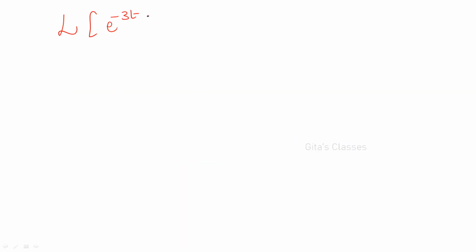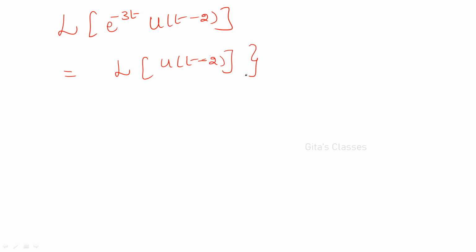L of e power minus 3t into u of t minus 2 is equal to L of u of t minus 2, in which s should be replaced by s plus 3. Right? What is L of u of t minus 2? E power minus as by s, right?